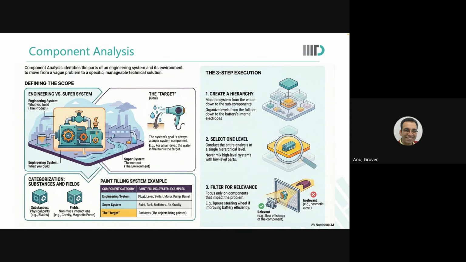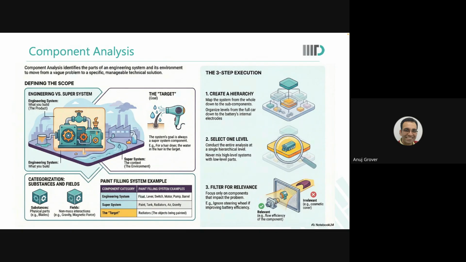But if I was talking about the car itself and the car assembly plant, then the steering wheel was a part of my system itself. But if I was talking about the electrolyte in the battery, then even the alternator is a part of my super system. Are you able to see this?